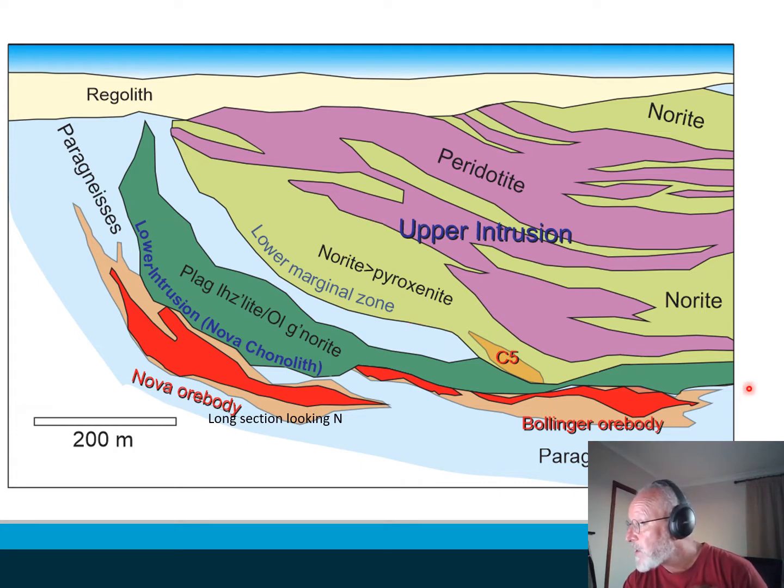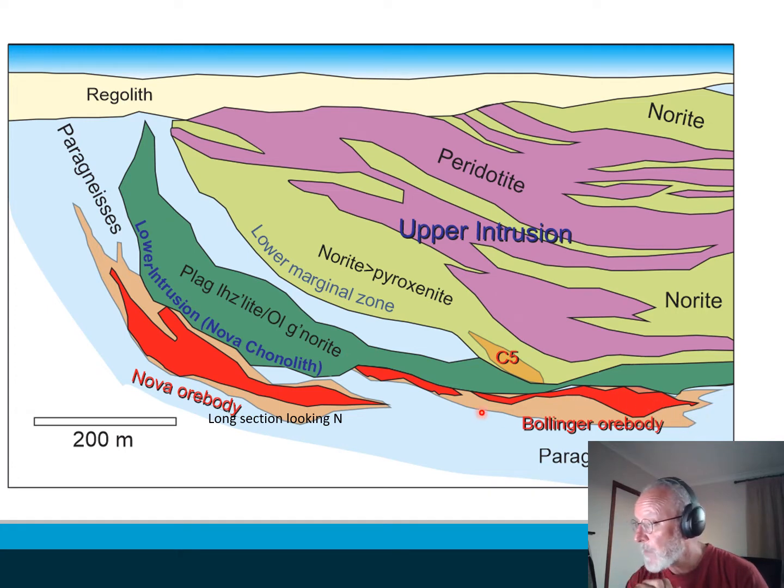Then there's a lower intrusion, composed primarily of ultramafic rocks or transitional ultramafic to mafic rocks, with very variable plagioclase contents. It has a lot of olivine and orthopyroxene, very complicated textures, and has sulfide in it pretty much everywhere.